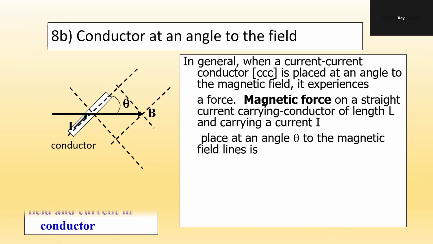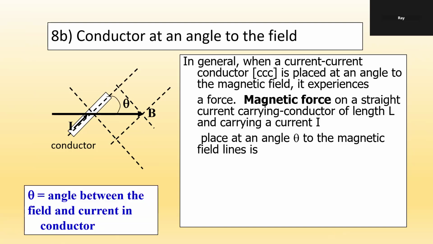That's your angle, the angle between the field and the current carrying conductor. If you remember, the field must be perpendicular to the current. So we find the perpendicular component, B sine theta, and then put it in the formula.